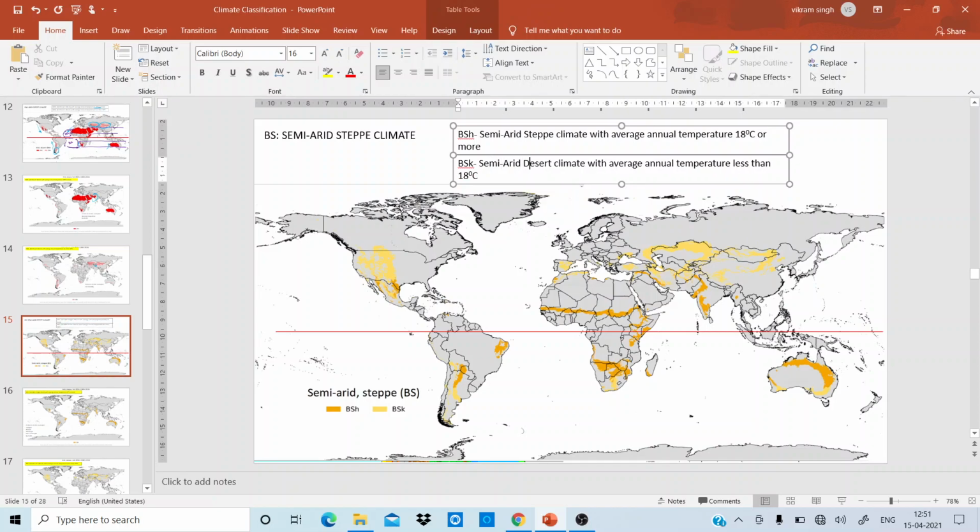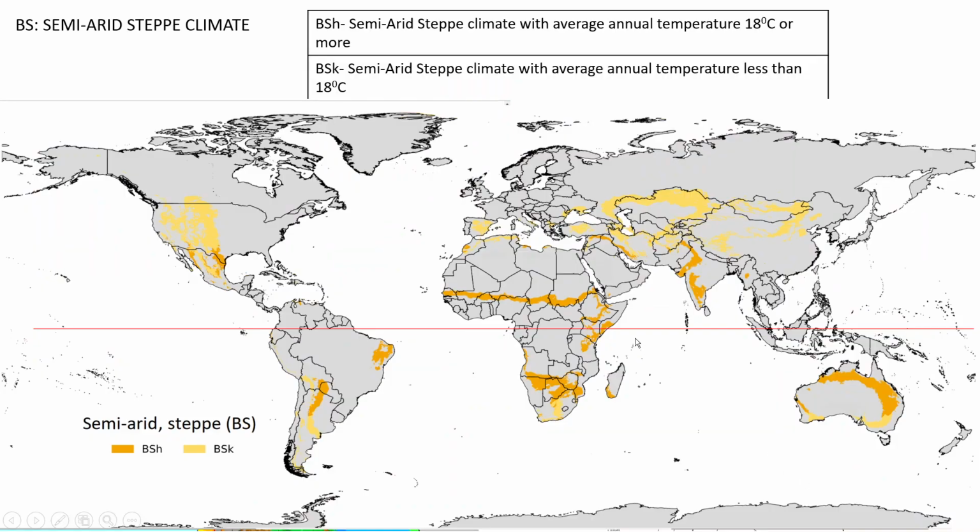Now there will be no confusion. So, semi-arid steppe climate with average annual temperature less than 18 degrees Celsius will be BSK, and BSH will be semi-arid steppe climate with average annual temperature at 18 degrees or more.